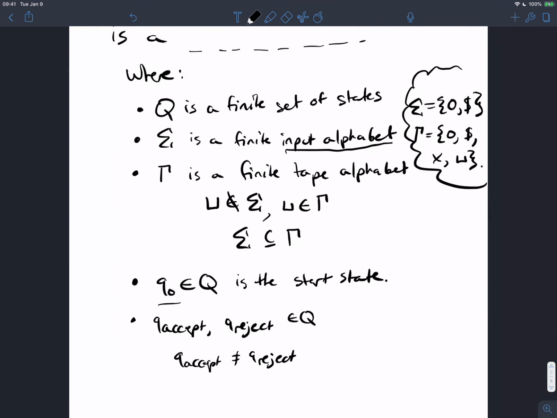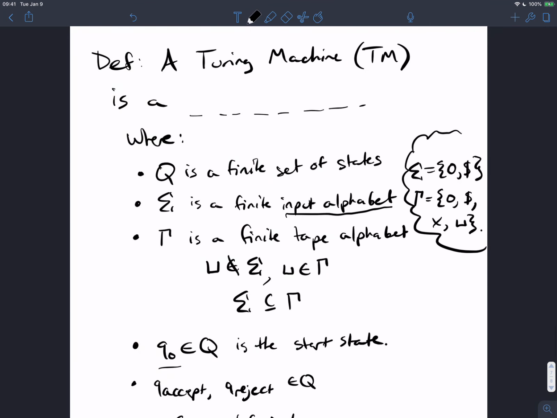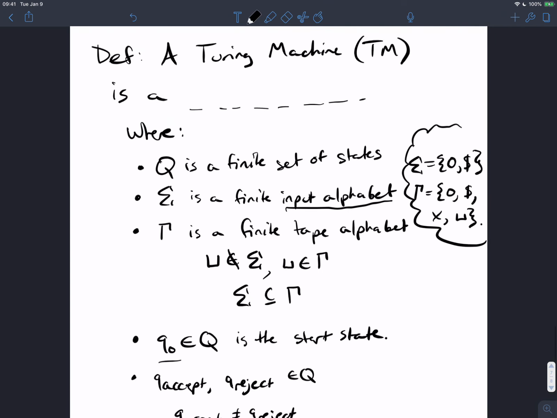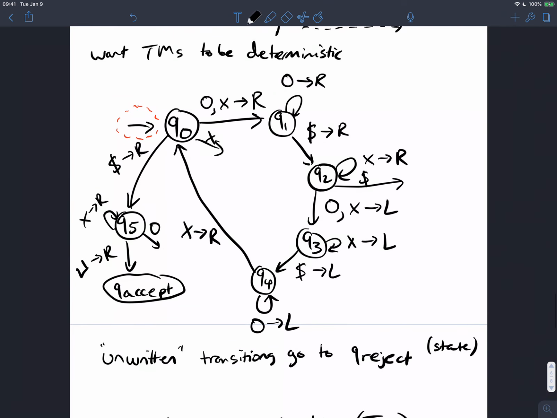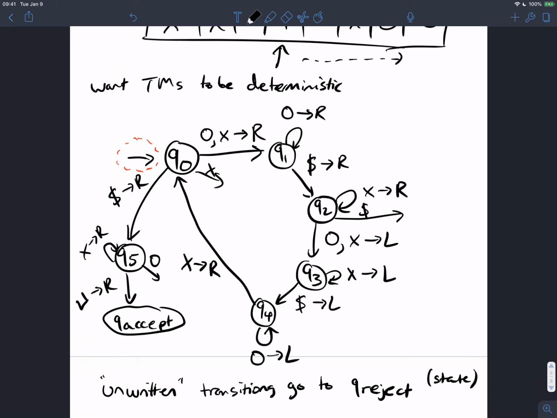Okay, are we done with the description of a Turing machine, the formal model? No, what have I forgotten? Transition. Well, let's see. What did we need to know about? I start in this state and I need to get to this state, which means I've got to do three things.